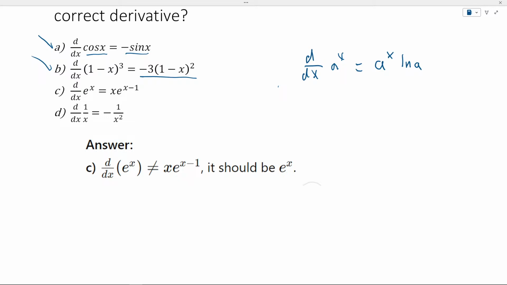Does this look like anything here? No. So what is the derivative of e to the power x? If we apply this rule, that would be e to the power x ln e. And what's ln e? That is 1. So the correct derivative of this guy is e to the power x, which we don't have here. So this is probably something wrong.